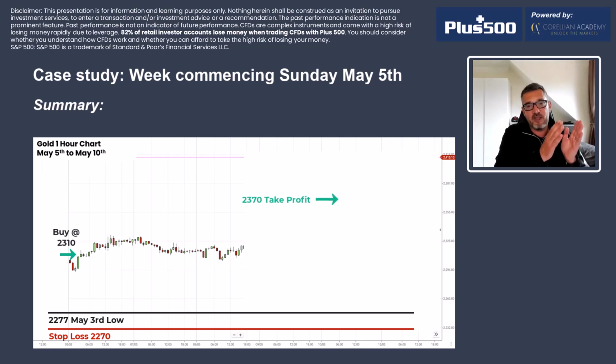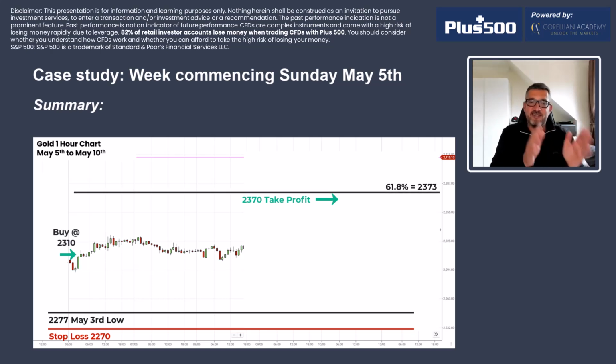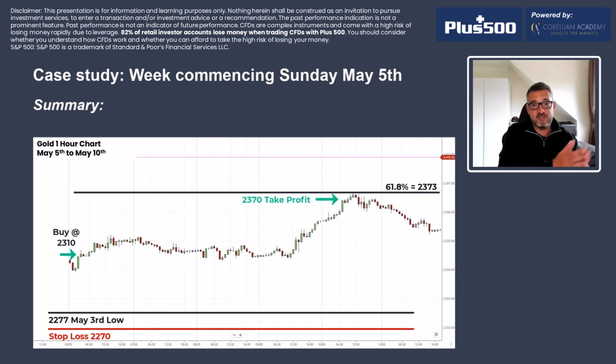And I've set my take profit on the Plus500 system at 2,370, just below that 61.8% Fibonacci retracement level at 2,373. As you can see, my target was hit at 2,370. Now, to be clear, this isn't investment advice, but just one example of how you could have traded the gold CFD on the Plus500 platform during the week commencing May the 5th.